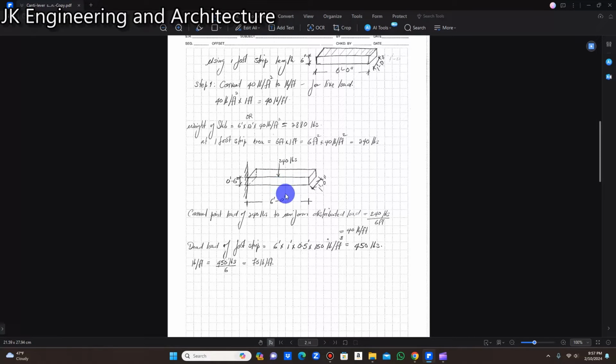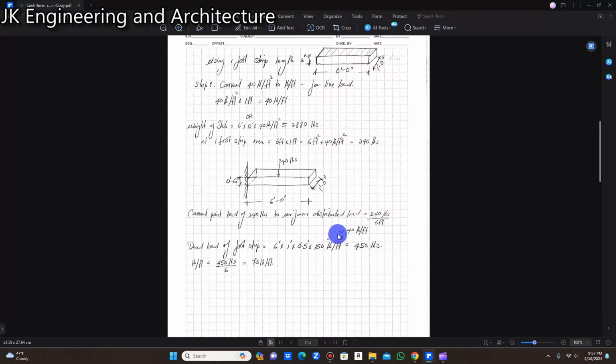All right, so we want to convert this 240 pounds to a uniformly distributed load, so we have to divide that 240 pounds by 6 feet. So it is 240 pounds divided by 6 feet, which is going to equal 40 pounds per foot.